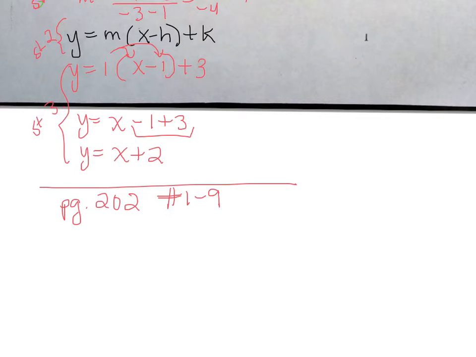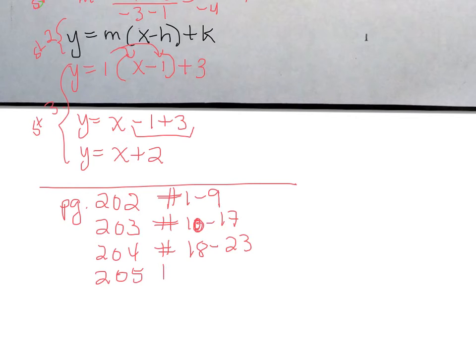So it's page 202, 1 through 9, page 203, numbers 10 through 17, page 204 is numbers 18 through 23, and on page 205, that is numbers 30 through 35. Okay? So that would be the assignment.